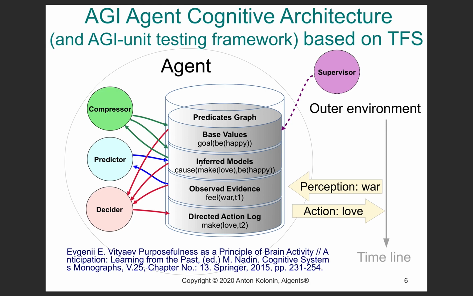And it will never be able to make predictions because of the combinatorial burst of all possible known states and histories of its life.